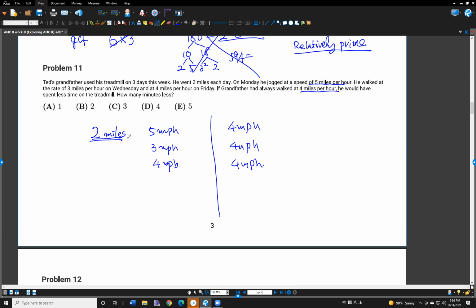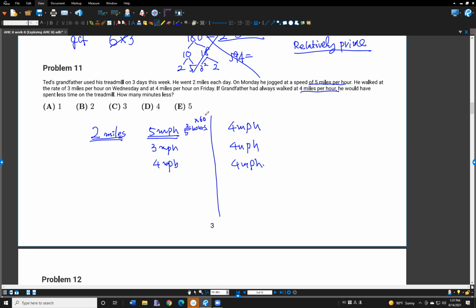Maybe the first one, 2 miles at 5 miles per hour. Distance divided by speed is what? The hour, right? So it takes 2 over 5 hours. 2 over 5 hours is how many minutes?